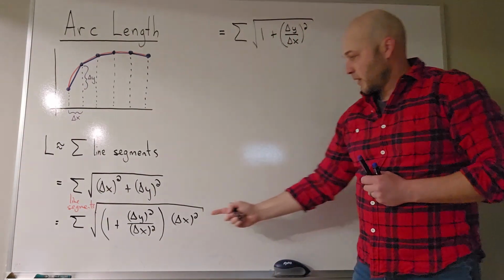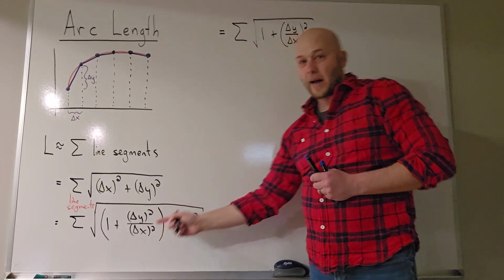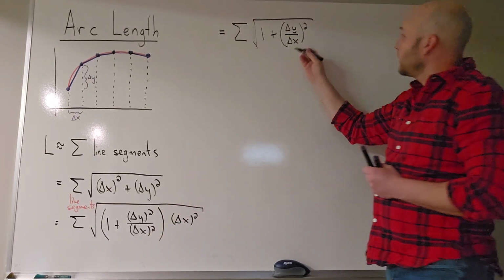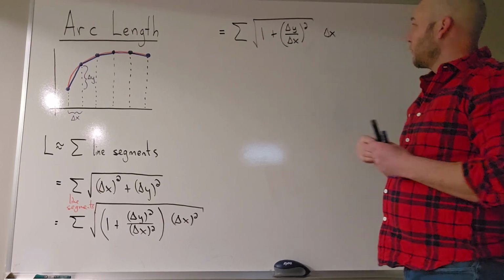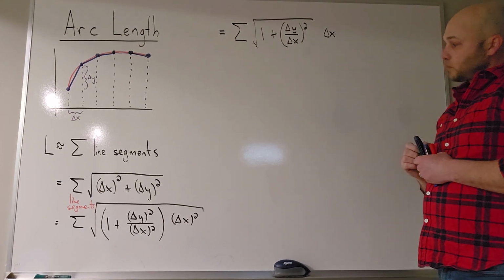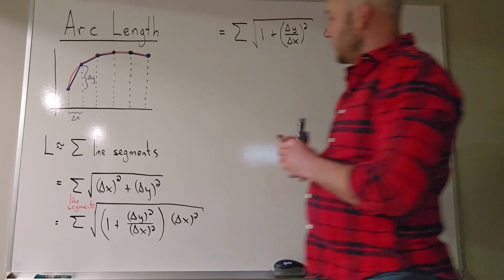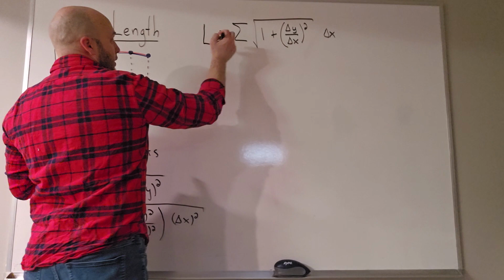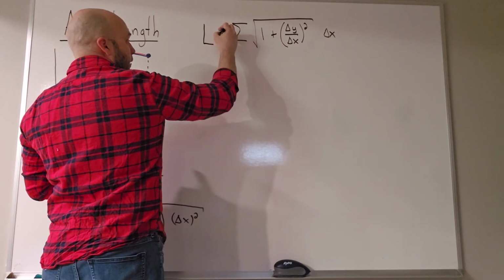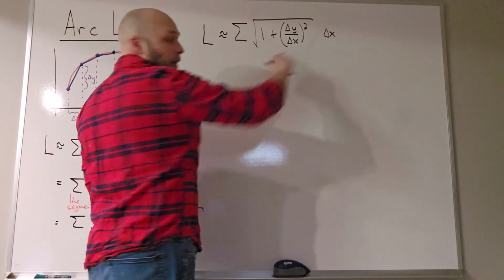And also notice that if I'm squaring the top and I'm squaring the bottom, I can just square that whole fraction, and then I've got a delta x off to the far right. Okay, so let me summarize what we just found. The length is approximately equal to that.